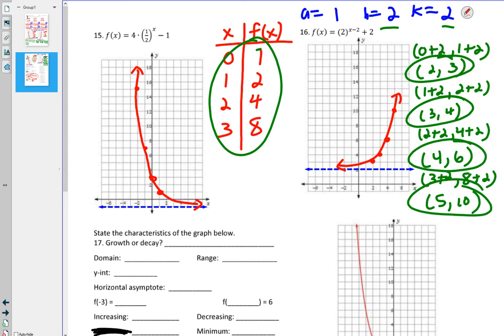If I were to ask you just for fun, because you didn't get to do it for the other two, the range here, what would the range be? What's the range of that function that I just graphed? Ingrid, what's the range?